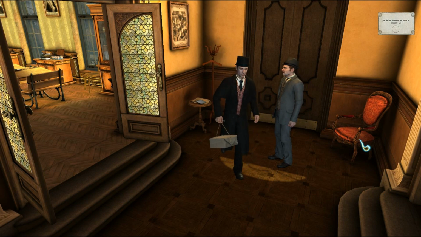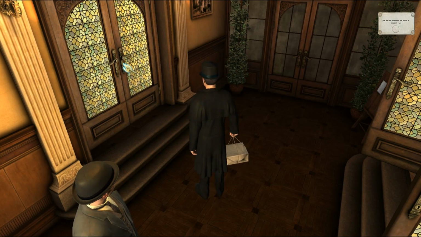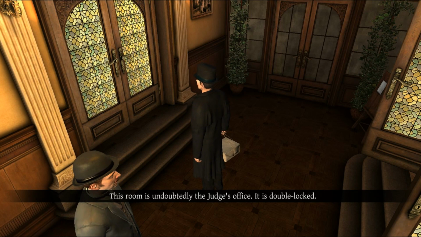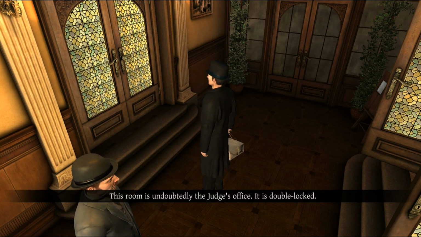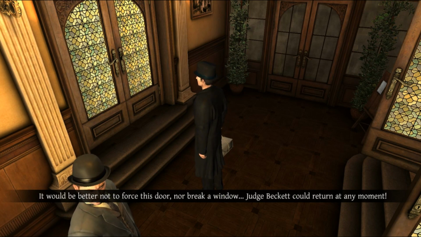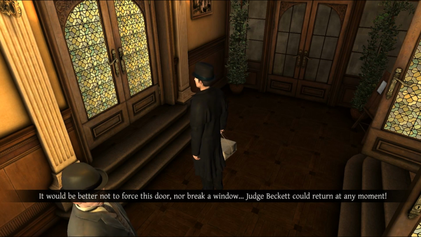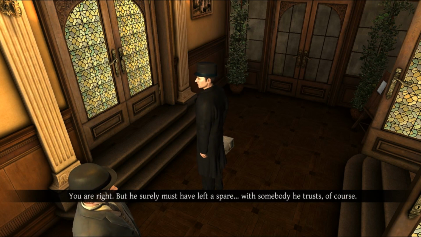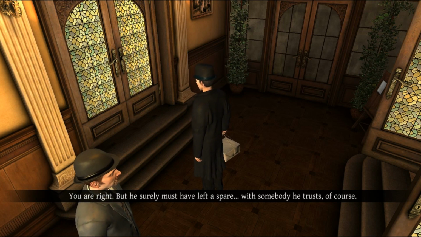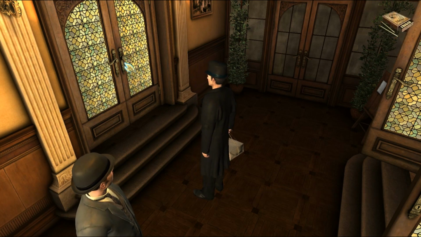No. That would be useful. This room is undoubtedly the judge's office. It is double locked. It would be better not to force this door, nor break a window. Judge Beckett could return at any moment. You're right, but he surely must have left a spare. With somebody he trusts, of course. Yeah.